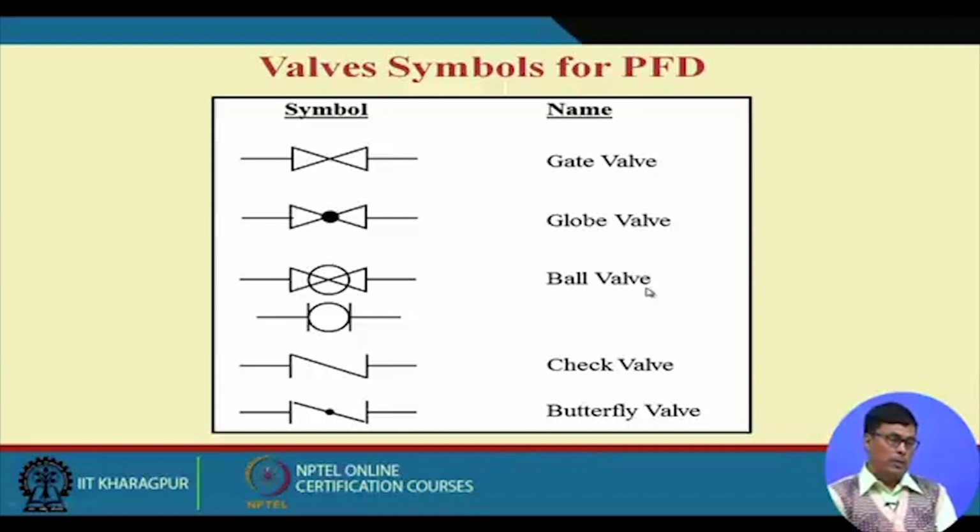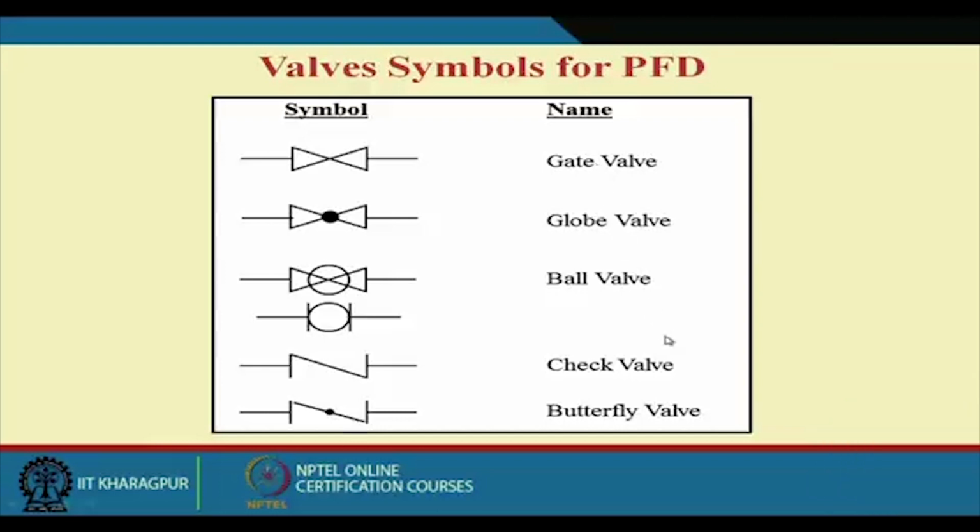What is the speciality of the ball valve as compared to the globe valve and gate valve? With a gate valve, you slowly increase. The valve that we use in a wash basin is the globe valve, and you have to slowly open and slowly close. In the industry we cannot do that.